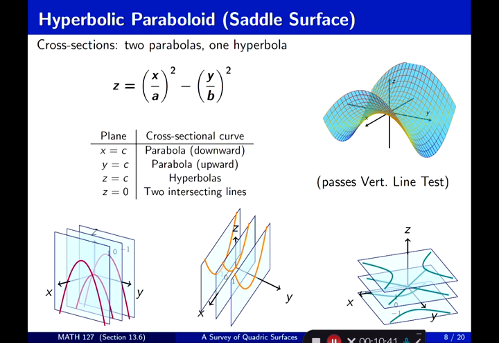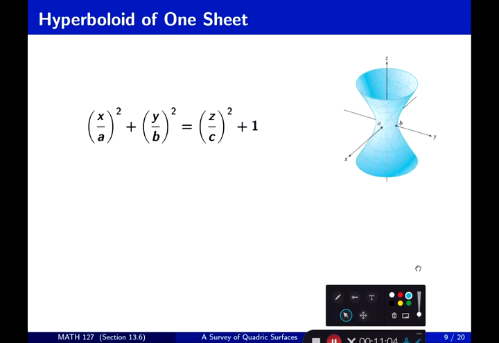It's not the top of a hill or the bottom of a valley. It's just that in one way you go downward to the origin, and in one way you go upward to reach the origin. So basically it should kind of remind you of an inflection point from calculus of a single variable. So let's discuss the hyperboloid of one sheet.